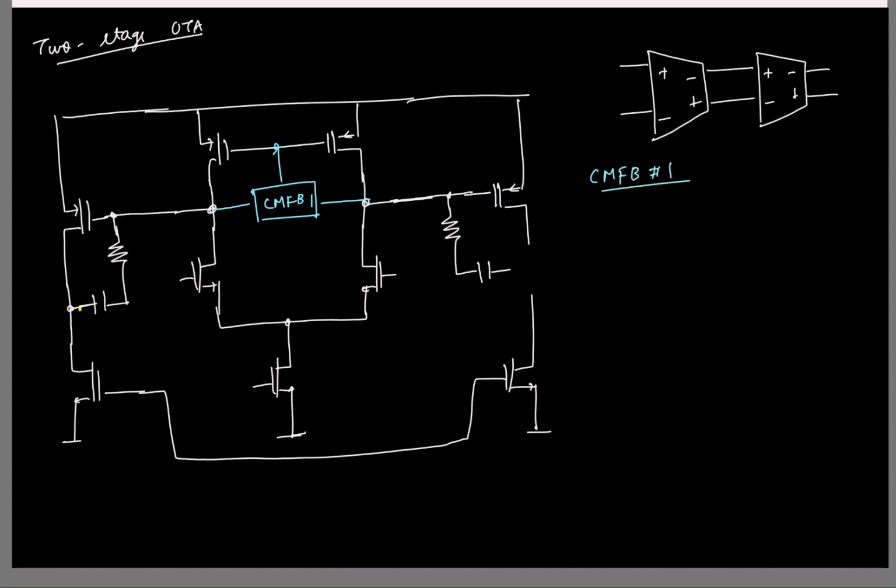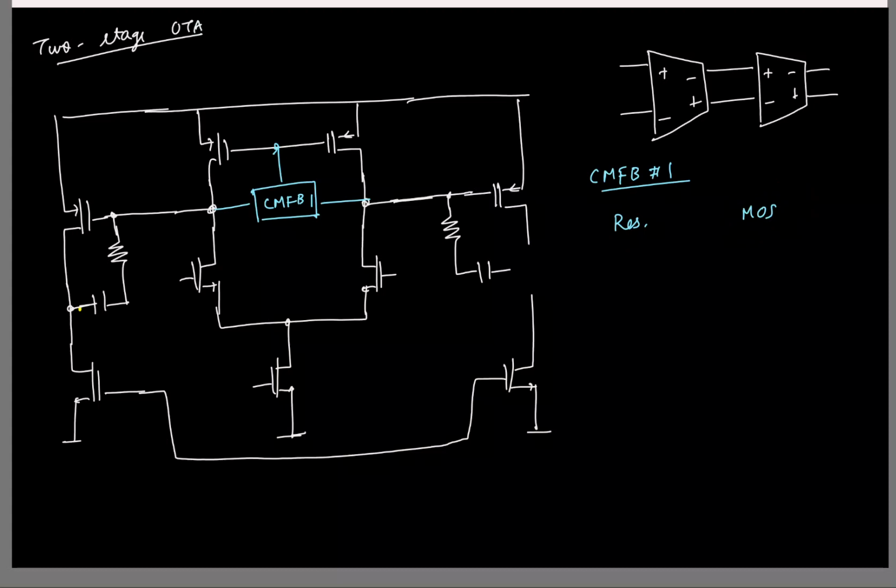We have to sense the common mode, and we know we can either use a resistor directly or you can use MOS-based. So what are the issues with using a resistive common mode detector? Loading. What is the issue in using a MOS-based common mode detector? Swing, right? Because the moment you introduce a MOS transistor, that is going to limit the swings.